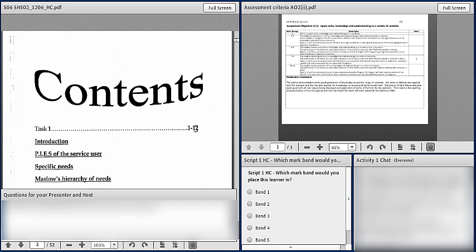So it's a little bit difficult, but I think those of you who have opted for Mark Band 3, top of Mark Band 3 and into Mark Band 4 purely on the care values are approximately right, but you need to take everything else into account as well.